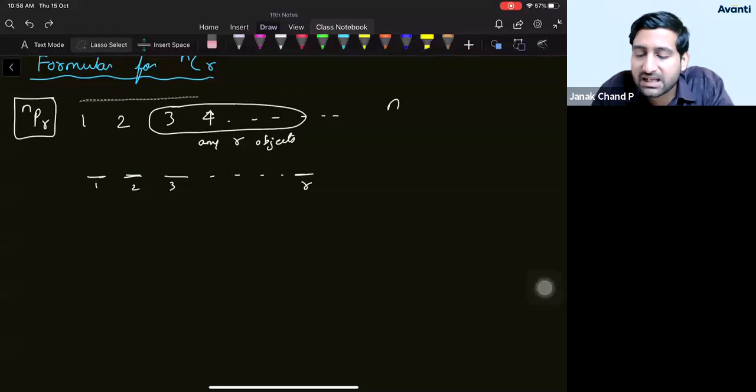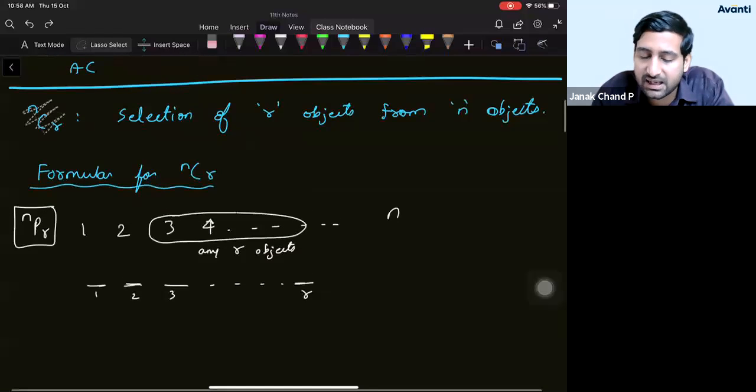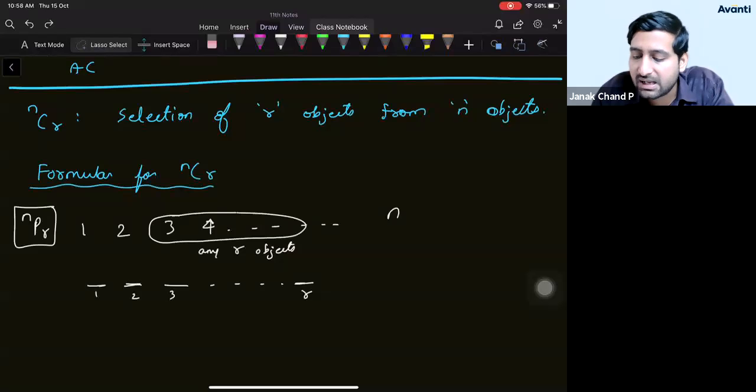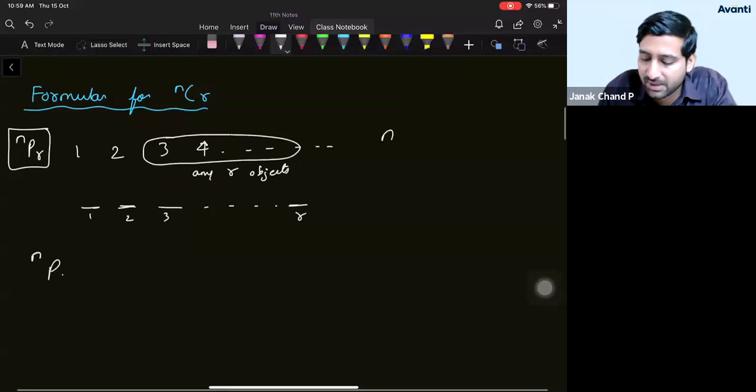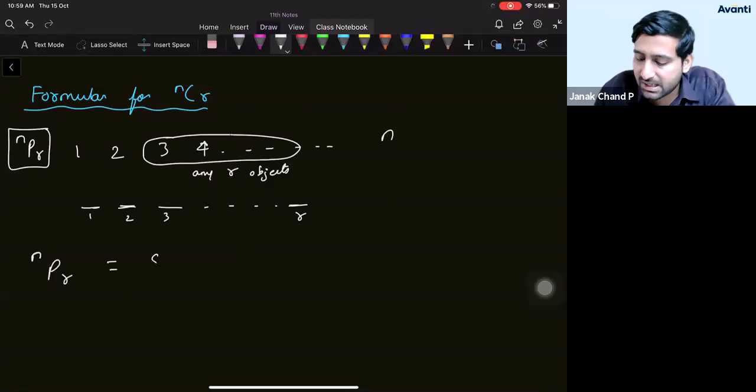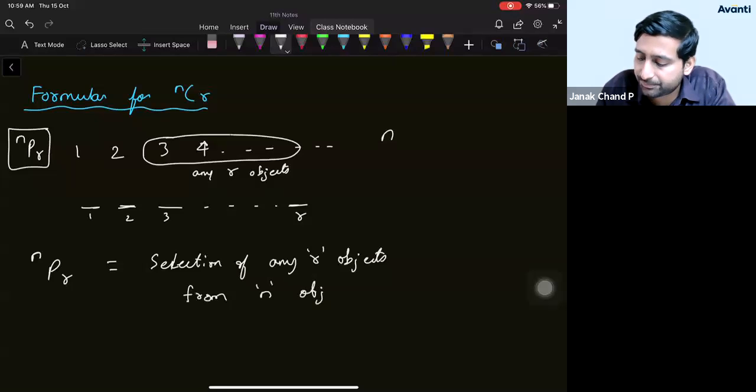The selection of any R objects out of the total n objects is called NCR. What is the meaning of NCR? Selection of R objects from n objects. That means I can write this NPR as selection of any R objects from n objects. This is the first step.